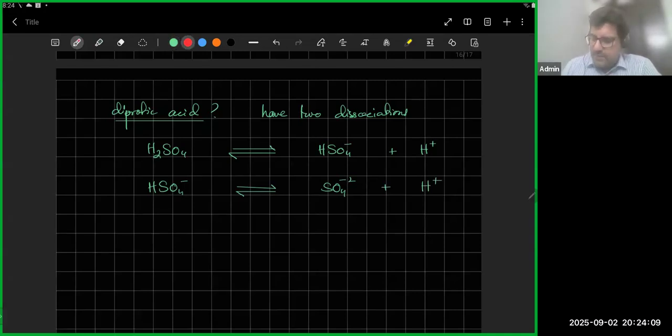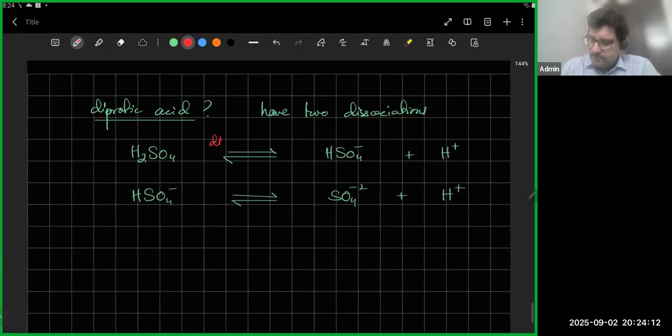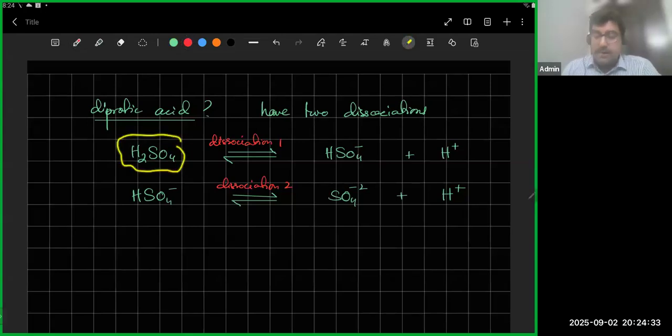Okay, so there is dissociation 1, and then you have dissociation number 2. Okay, so both these acids behave differently. Sulfuric acid is going to undergo the first dissociation, and it will form this negative ion and produce H+ ions. And then this thing will undergo the second dissociation. Both of these things are actually totally different species.